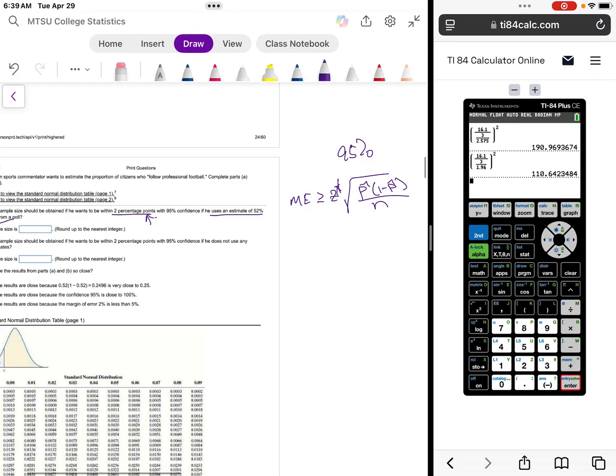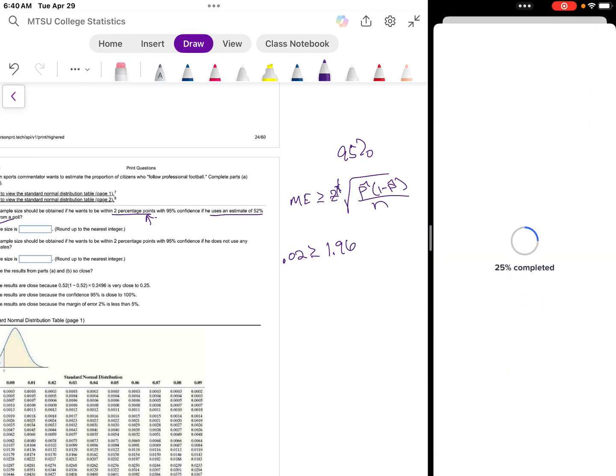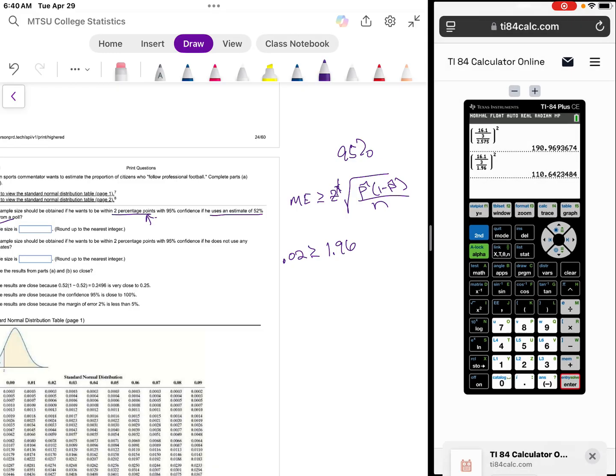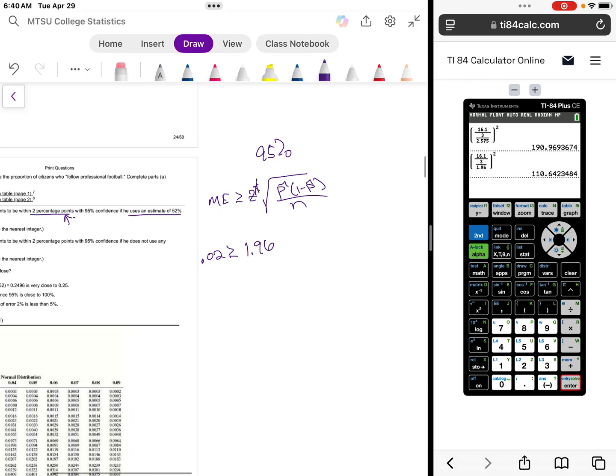So they tell us within 2 percentage points, so 0.02, greater than or equal to 1.96, times the square root. Now this is where the estimated 0.52 or 52%, 0.52 times 0.48, because that's what 1 minus 52 is, over n. And then now I need to go ahead and just start solving that for n again.